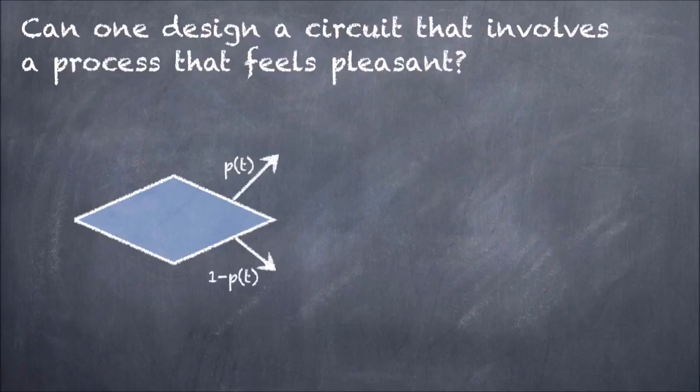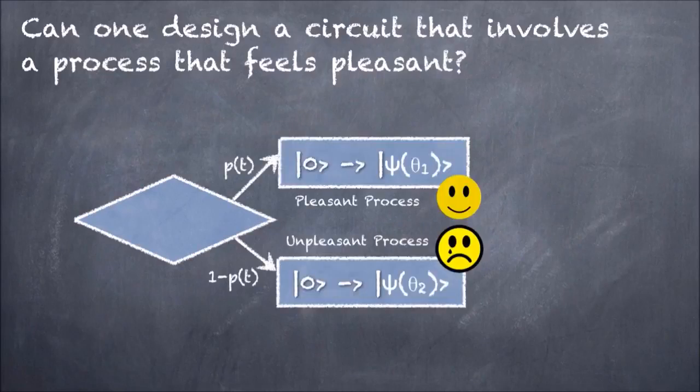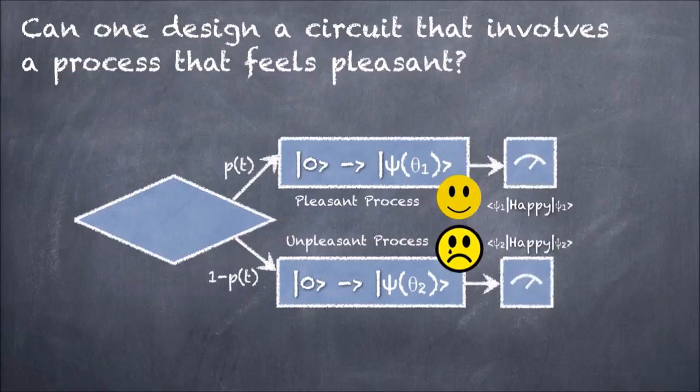Let's say you start with a decision where with a certain probability p you do something that's pleasant, and with probability 1 minus p, you do something that's unpleasant. How would you proceed from here if you would assume that you have some measurement device that can tell you how happy you were when you went through this process?